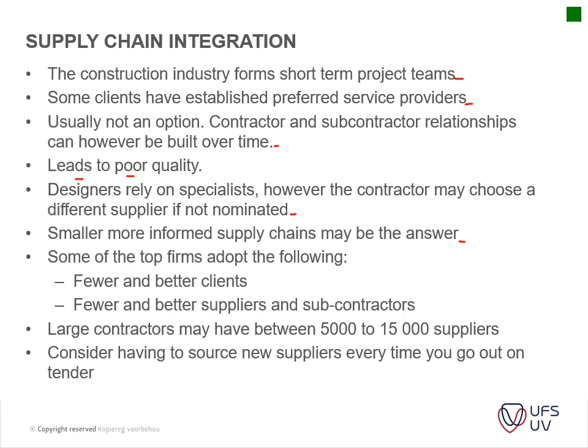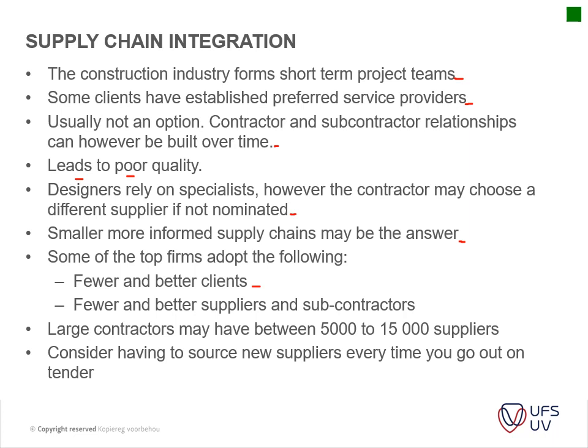Okay, from the top, firms adopt the following: fewer and better clients. What some larger firms try to do is establish a long-term relationship and work with certain clients that can actually fulfill their needs, and rather than doing bulk attempts at getting work, they do less work but of better quality.